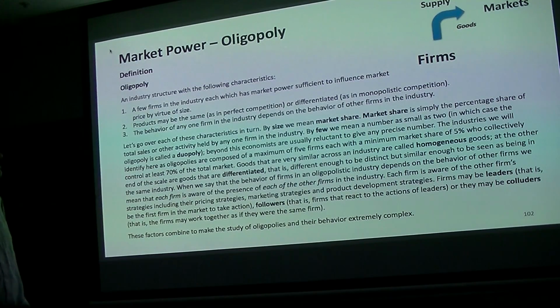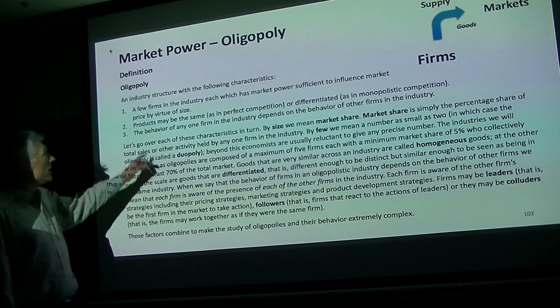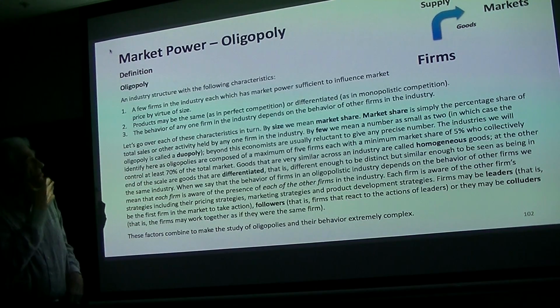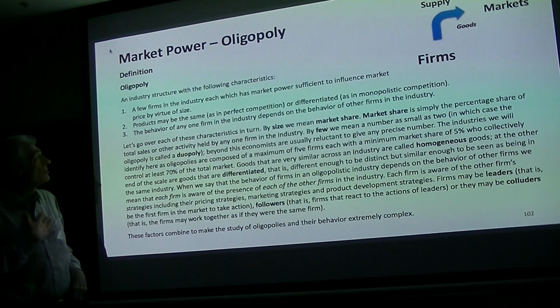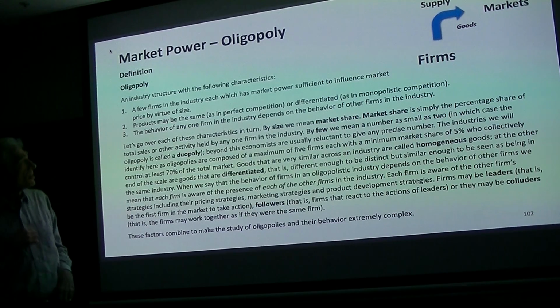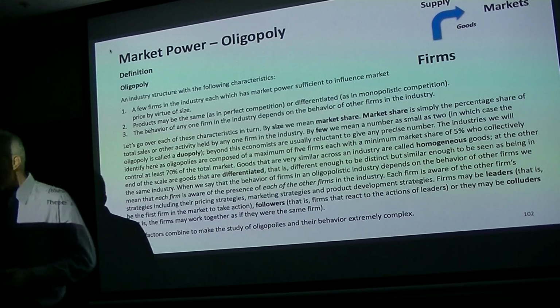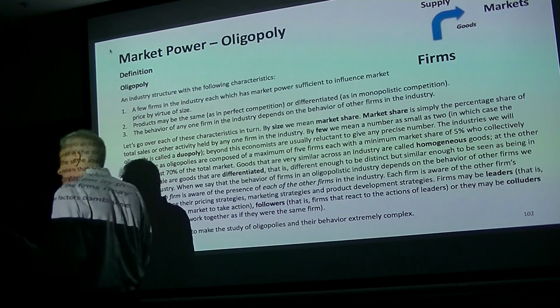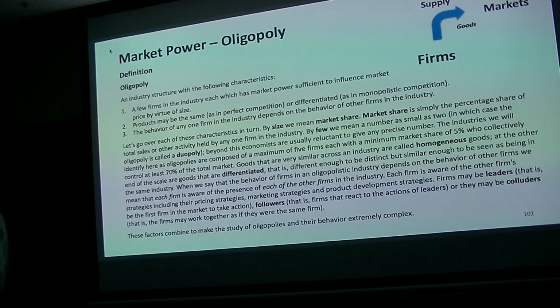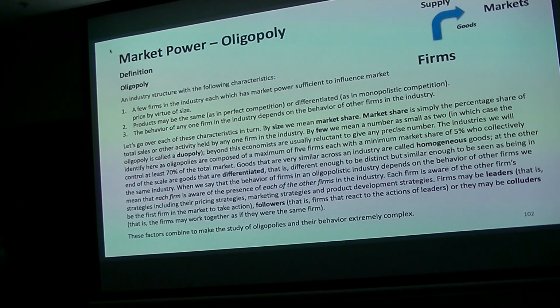The products may be the same, as in perfect competition, or differentiated, as in monopolistic competition. So they may sell the same product, but they can still have some pricing power.